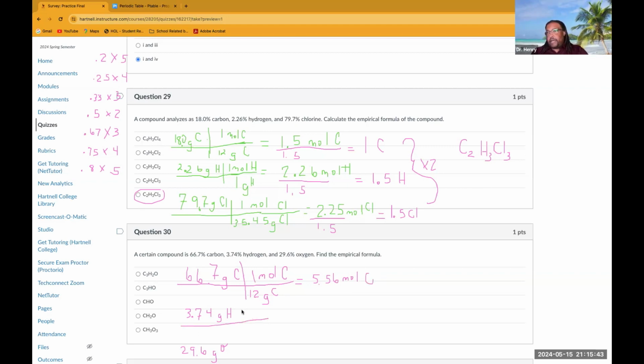Okay, we know that molar mass of hydrogen is going to be 1. And then the molar mass of oxygen is 16.